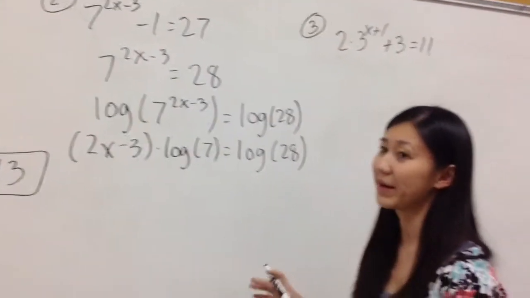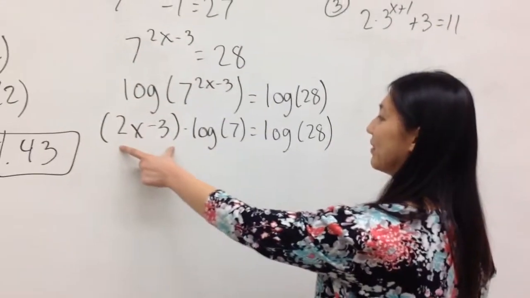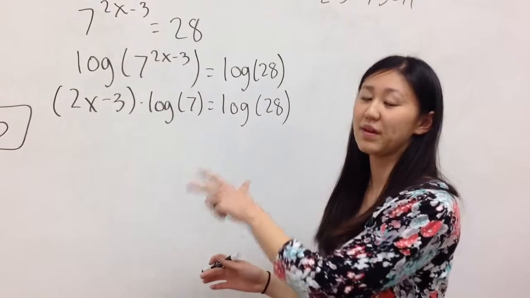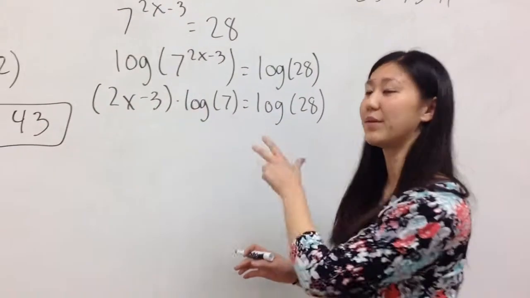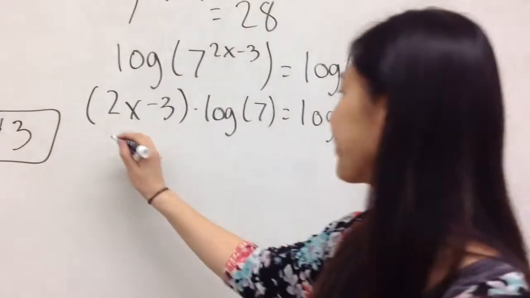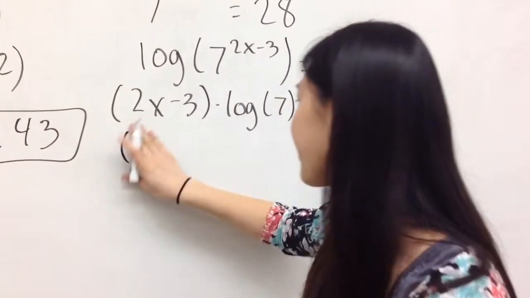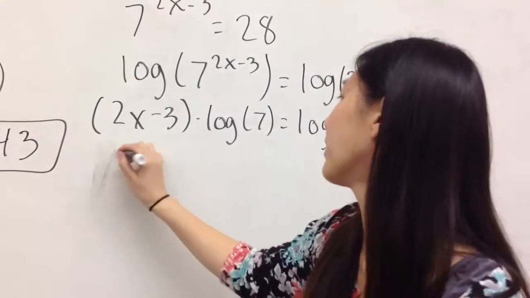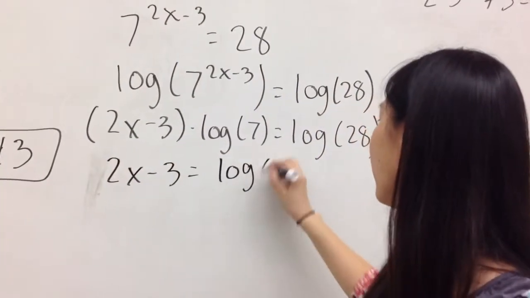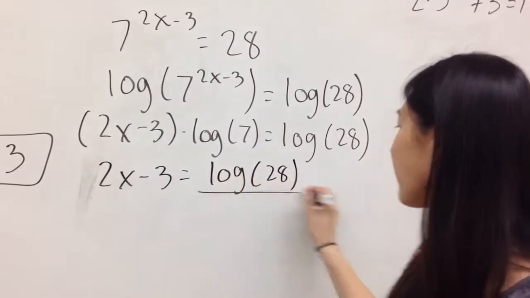One thing I wanted to point out is that we have parentheses around this 2x minus 3. That's because the whole thing was in the exponent, so the whole thing will come down to multiply. We're going to divide by log of 7 on both sides now. Oh, actually I don't need parentheses here. So that's 2x minus 3 is equal to log of 28 over log of 7.